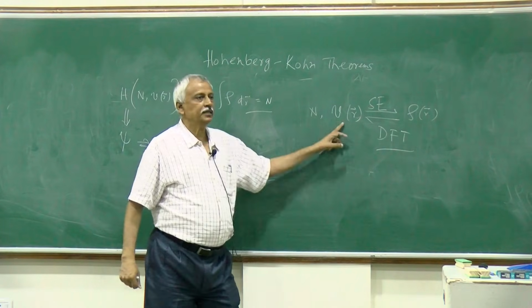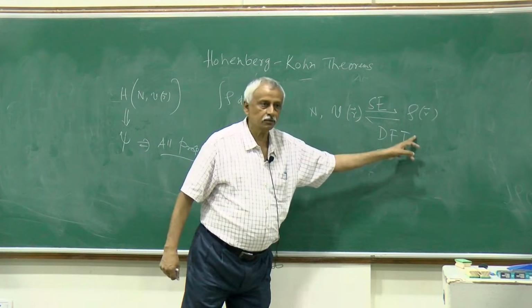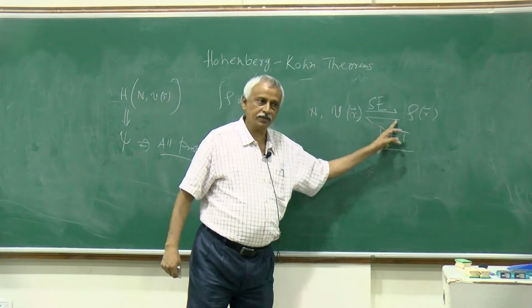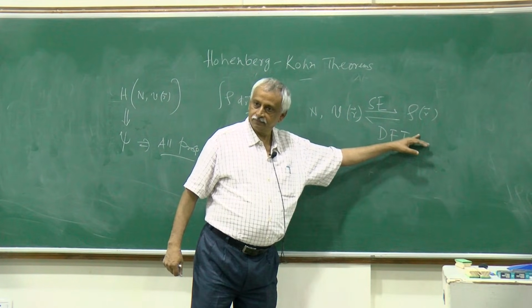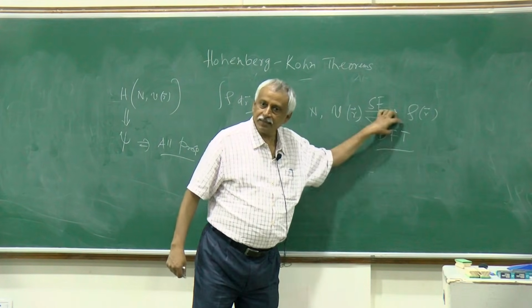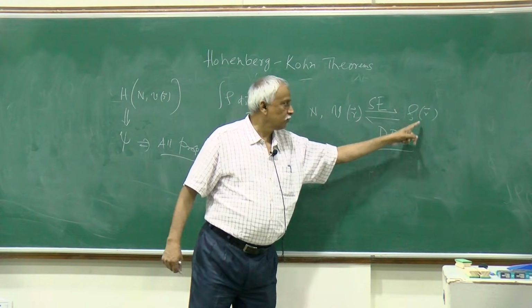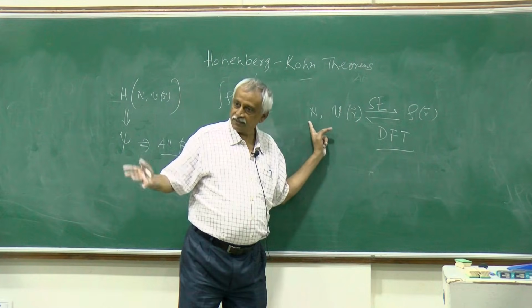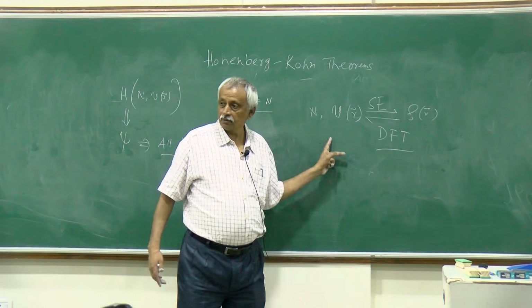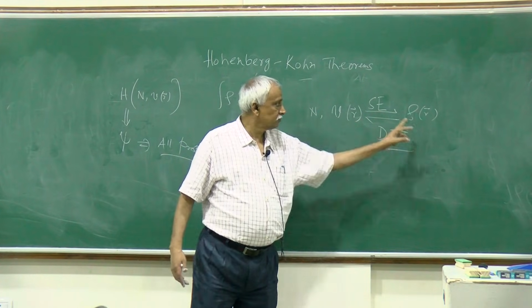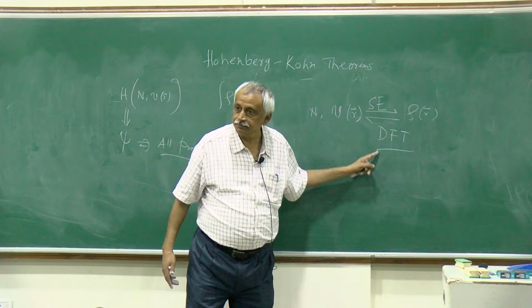If I know N and V(r), I know the Hamiltonian, I know the wave function, and from the wave function, I know the definition of the density. I can generate the density using the Schrodinger equation. I have to solve to get the wave function and then the density. So the Schrodinger equation maps N and V(r) to rho. From rho, N I can get by simple quadrature, but I have to get V. So I have to prove that rho contains all information about V. And that is your DFT.